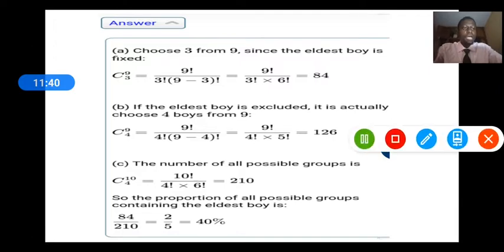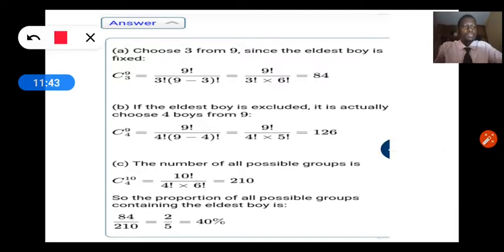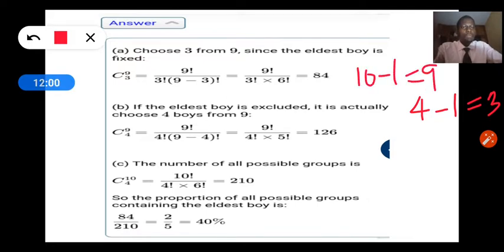That means out of those 4 boys, since the eldest boy is very sure to be part of it, what is remaining is 3 for us to choose. If I remove the eldest boy from that 10, then my n will now be 9 and my r will now be 3 for that question. So that's how we have 9 combination 3.